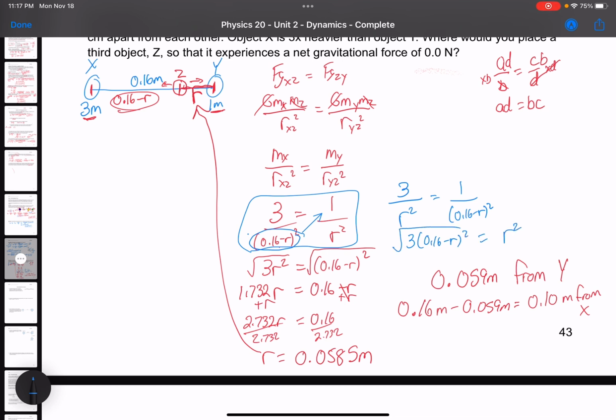And then when you square root everything, you get 1.732 times 0.16 minus r is equal to r.